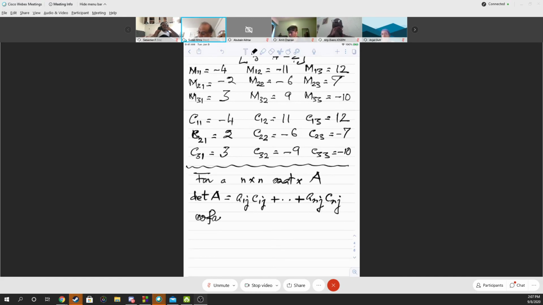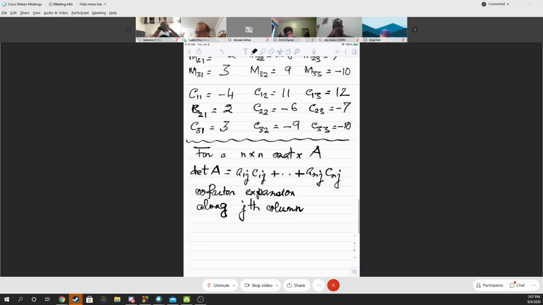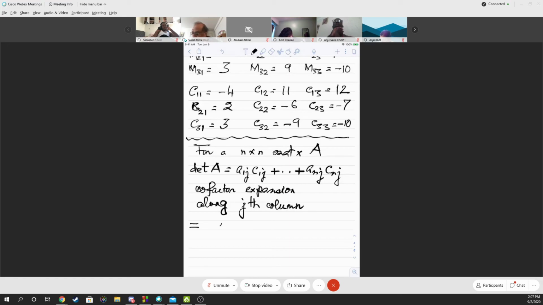This is the cofactor expansion along the jth column. Which is the same as Ai1 Ci1 plus dot dot dot plus Ain Cin. This is the cofactor expansion along the ith row.